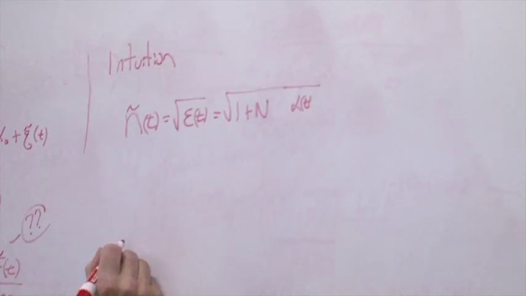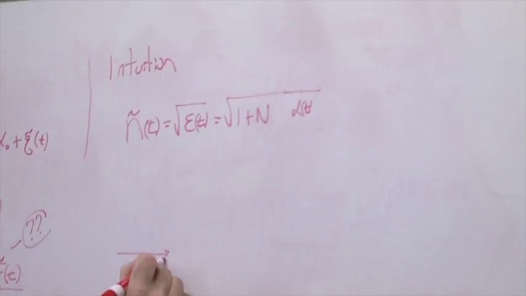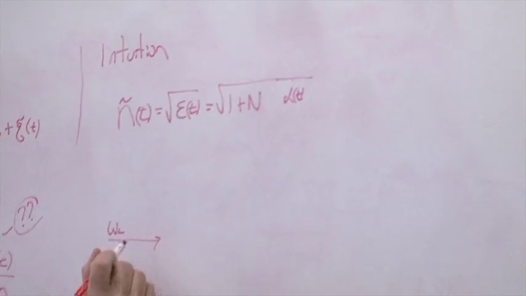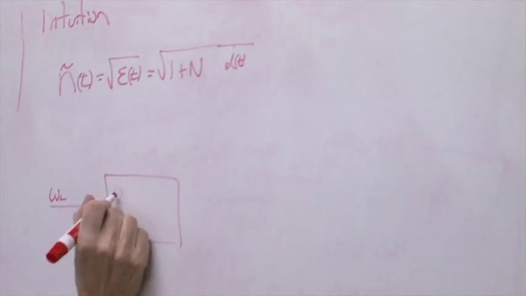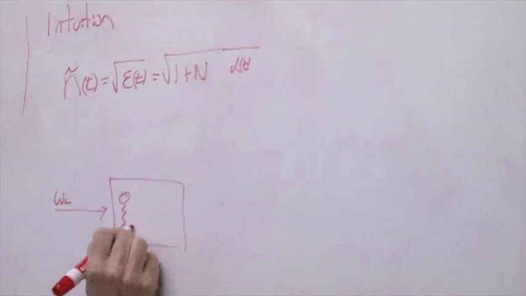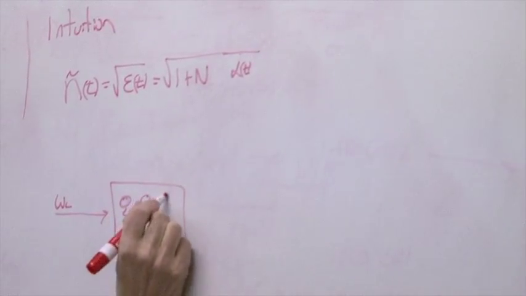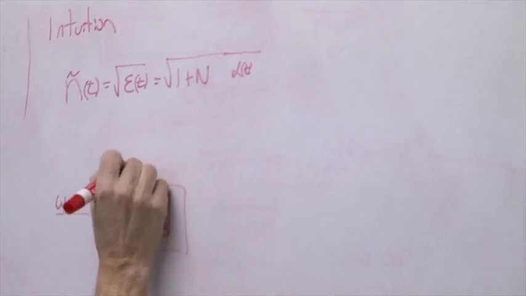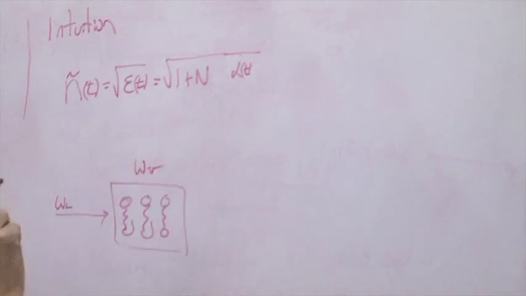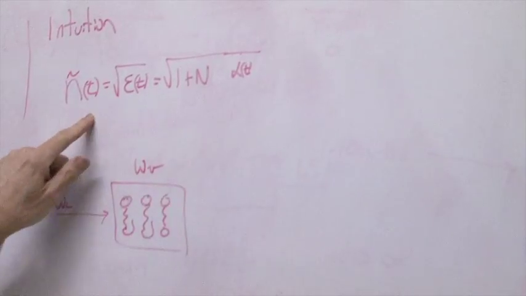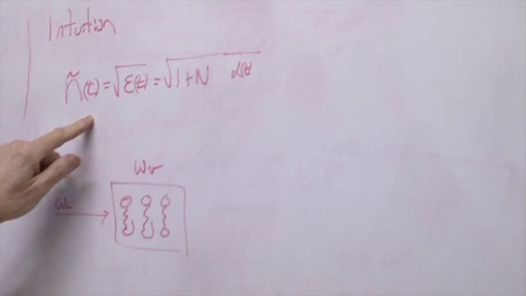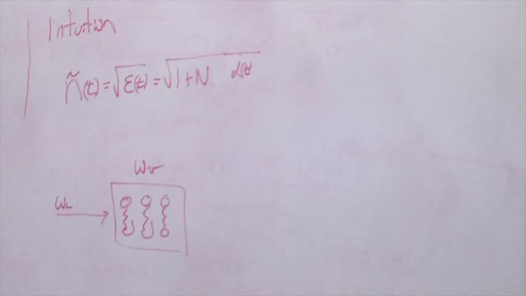So then you send laser light at frequency omega into a medium made up of a number of molecules all vibrating at frequency omega v. That is going to modulate the refractive index at frequency omega v.